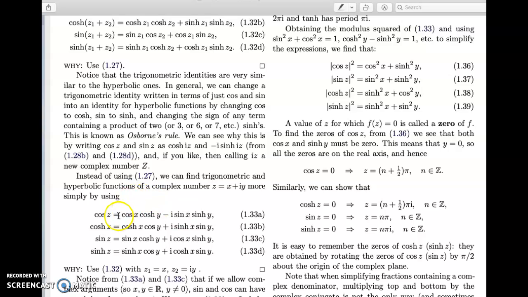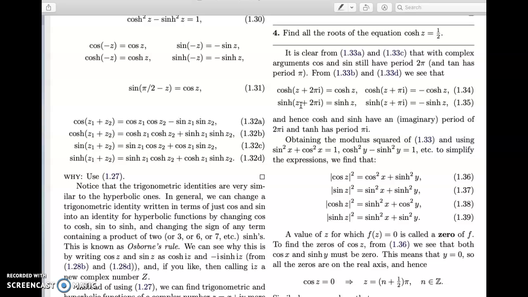So if you've got cos of z plus pi, then that's equal to minus cos of z, and sine of z plus pi is equal to minus sine of z. So if you divide the two, the minus signs cancel, and you end up with tan of z plus pi is equal to tan of z. So tan still has period pi.